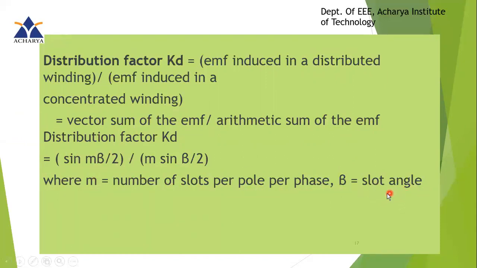The slot angle is given by 180 degrees divided by n, where n is the slots per pole. So 180 degrees divided by slots per pole gives the slot angle. We can understand this even better when we go to problems.